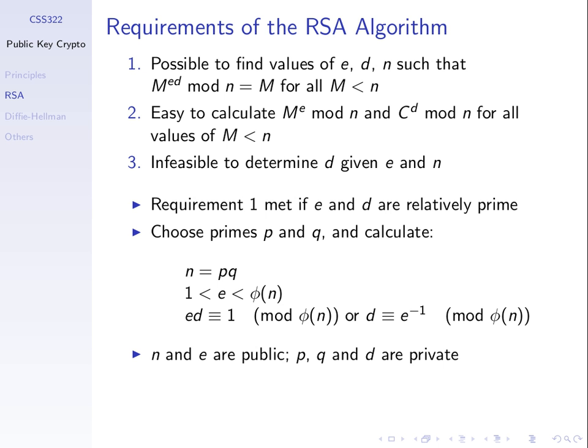The result is that n and E are the public key, D and n are the private key, and perhaps most importantly, D must be private, secret, so must P and Q. We'll see why in a moment. So n and E can be made public, P, Q and D should be private in this algorithm.